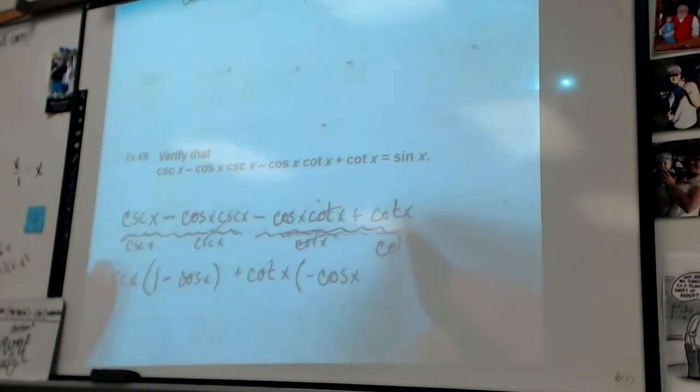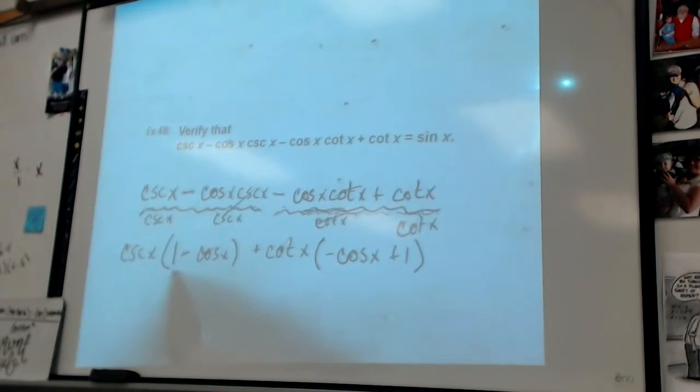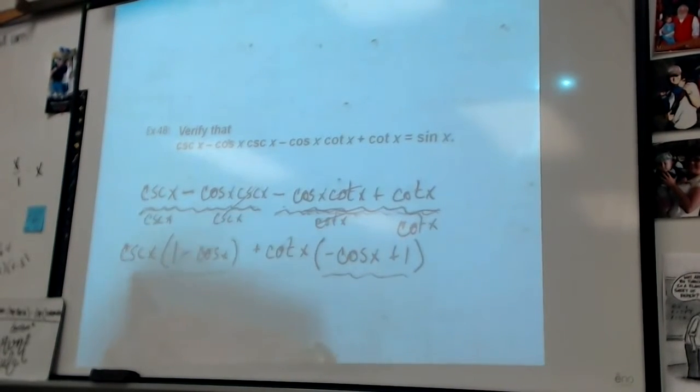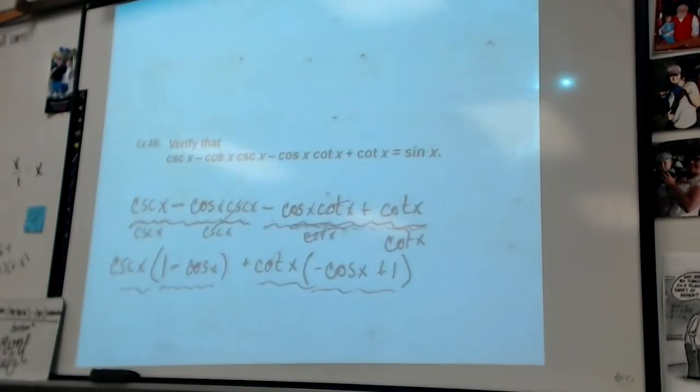Now, what is cotangent over cotangent? Now, look at what we have right here and here. Are those the same? Yes, both are 1 minus cosine x, because I have a negative cosine x and a positive 1. Now, we're not going to cancel them out. We're going to factor it out, because we've got these two terms here. We're not dividing, so you can't cancel them out.